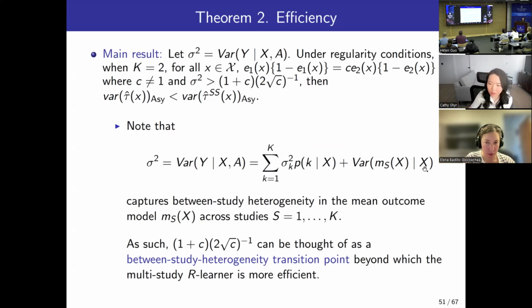The second component is the variance of the mean outcome model, M sub S. This piece is really capturing the between study heterogeneity in the mean outcome model across the different studies. To that end, we can think of this quantity as a between study heterogeneity transition point, or some threshold beyond which the multi-study R-learner is more efficient.